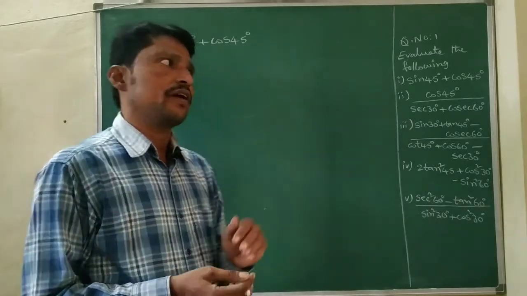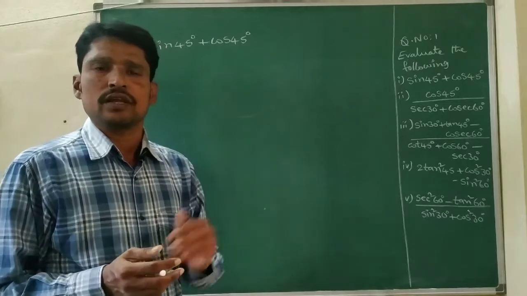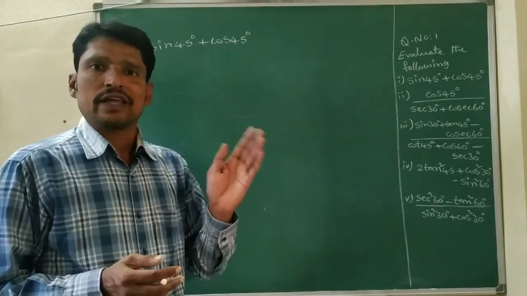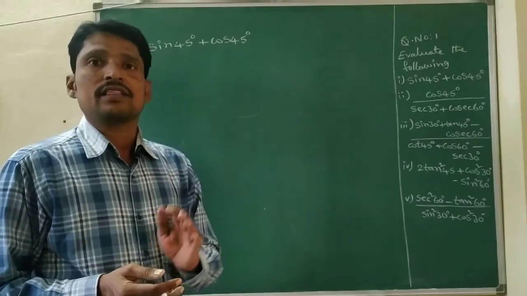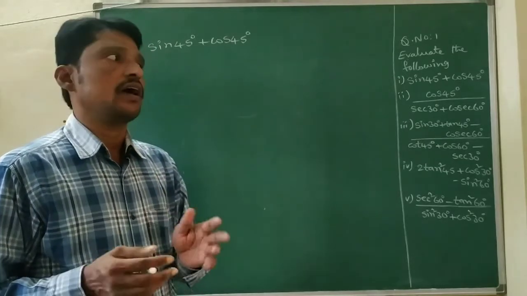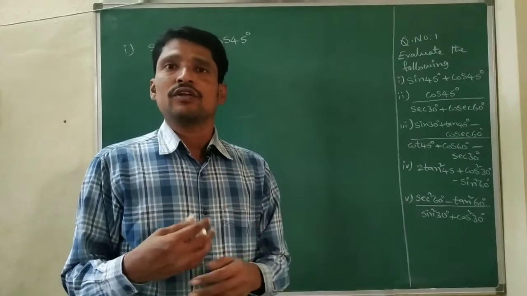Tan values also we know, that is tan 0 is 0, tan 30 is 1 by root 3, tan 45 is 1, tan 60 is root 3, tan 90 is undefined or infinity we need to take. So the remaining values are multiplicative inverses.